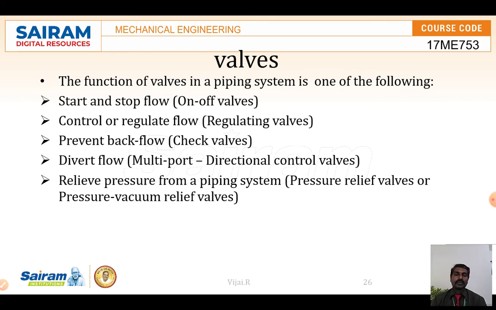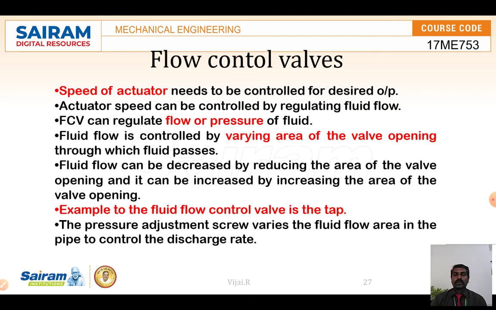And direction: when the piston is to be moved in the forward direction or reverse direction, we use direction control valves. The fluid is allowed in different ways, different paths can be controlled. And pressure: when the system reaches a high pressure, a pressure regulating valve will be there. So one by one let me see.